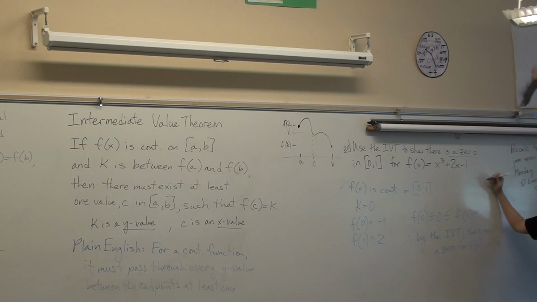In essence, what it's saying is we have a continuous function between 0 and 1. F of x is below 0 here, above 0 here. So because it's continuous, by the IVT, it has to pass through 0 at least once in that interval.